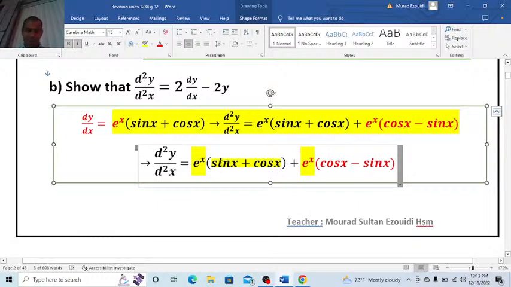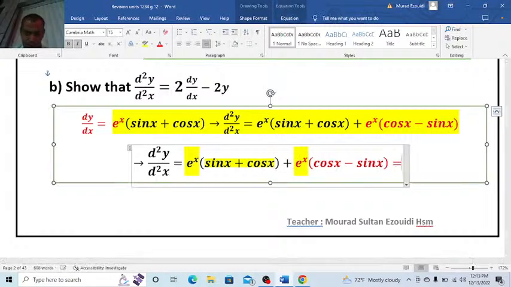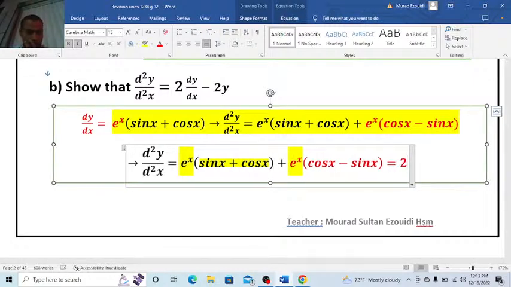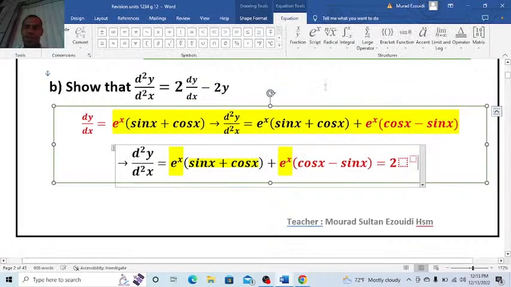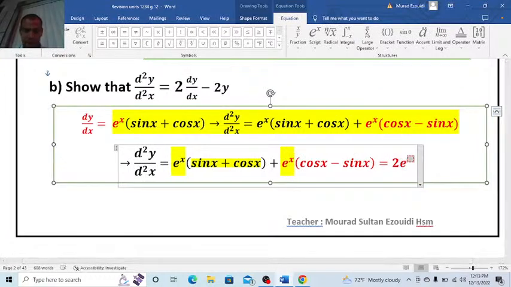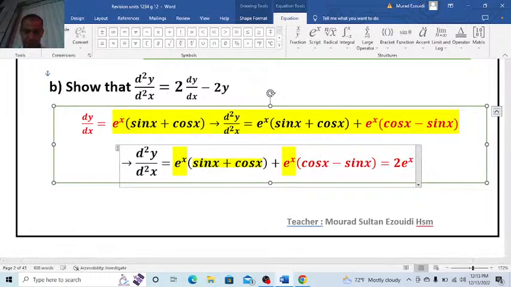You can see exponential sine of x and exponential multiplied by minus sine of x will cancel, so it will be only exponential cosine of x plus exponential cosine of x, which gives 2 times exponential of x cosine of x.